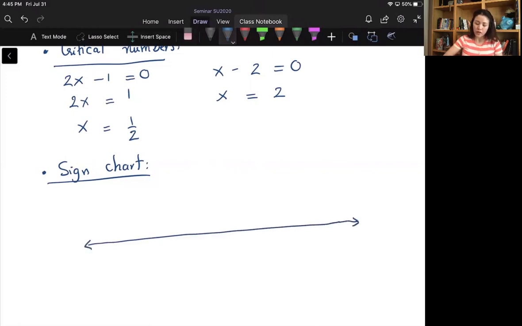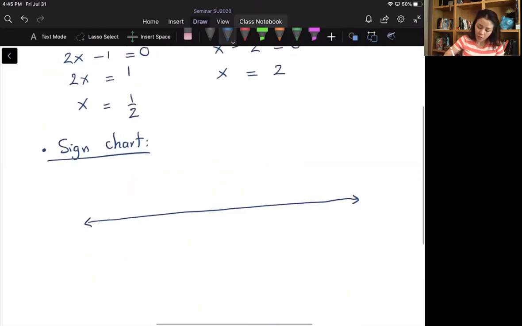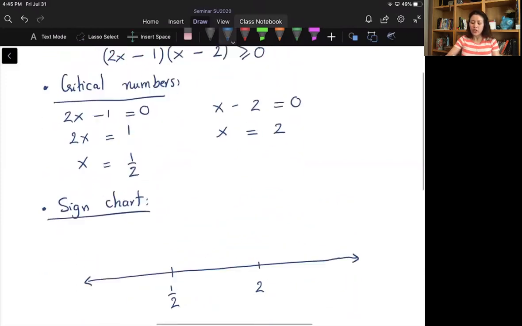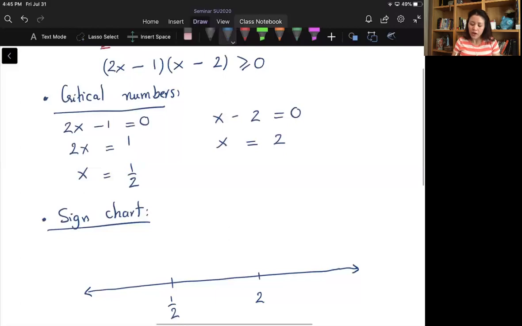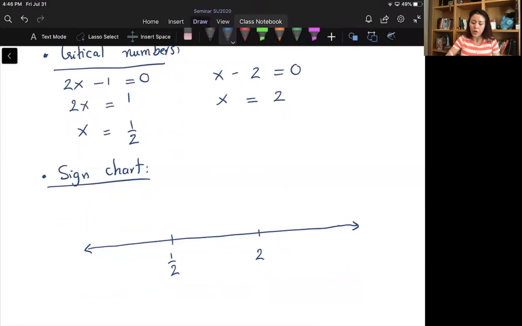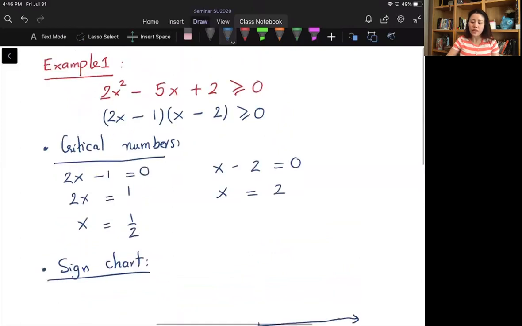Okay, so I have 1/2 here and I have 2 here. I divide the sign chart into 3 regions. Our goal is to find which region gives a positive result, because remember the original inequality: we want where this expression is positive or greater than or equal to 0.